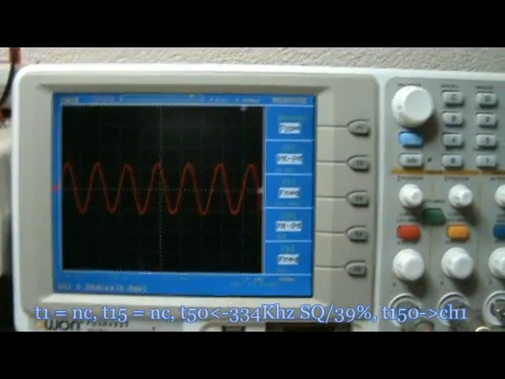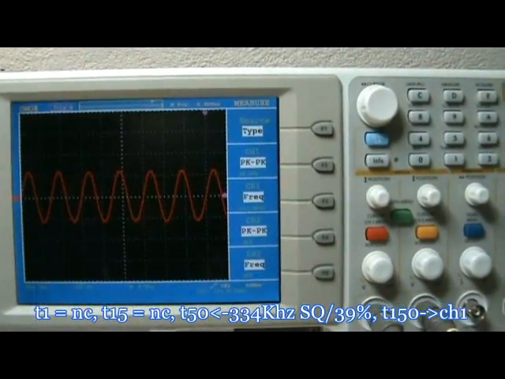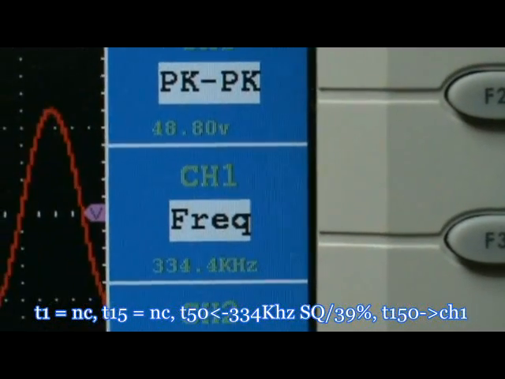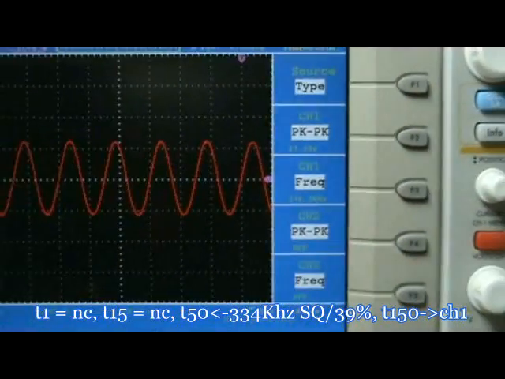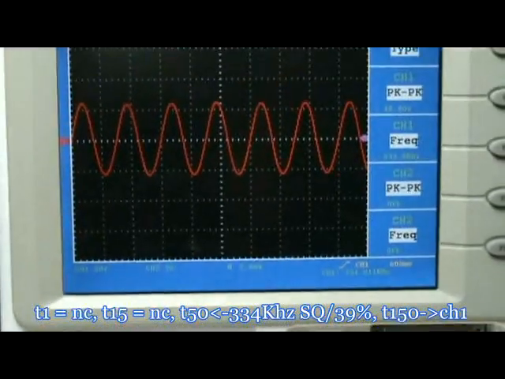I have something like a sine wave there. It's 48 volts peak to peak, and it's the same 334 kilohertz frequency, and I will now tune to get a maximum output.